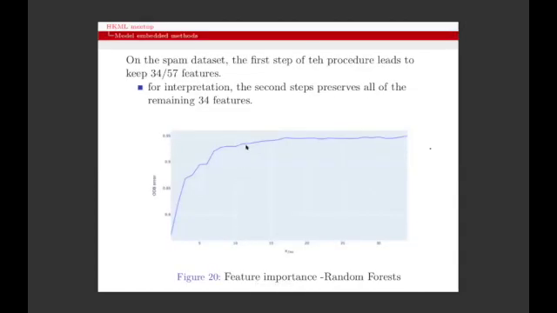On the spam dataset, the first step of the procedure is to keep only 34 features. And for interpretation, the second step preserves all of the remaining features, as we can see below. The best OOB score we obtain is with 34 features.